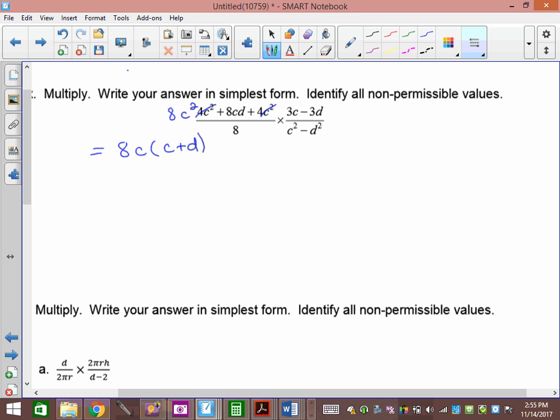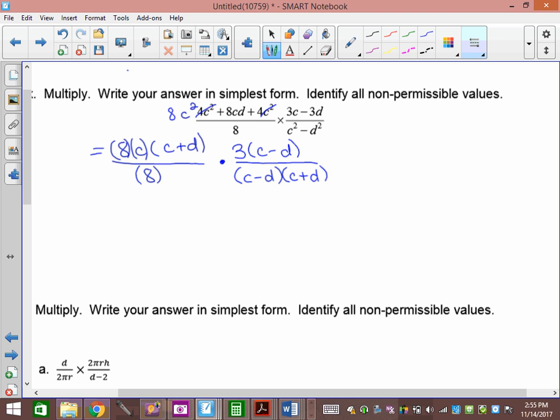The 8c, because it's not attached to the plus or minus sign, is in its own brackets. And then an 8 goes on the bottom in its own brackets. Times. The top right side, I can take a 3 out. And I'm left with c minus d. The bottom right is a difference of squares. So you're going to get a c minus d and a c plus d.